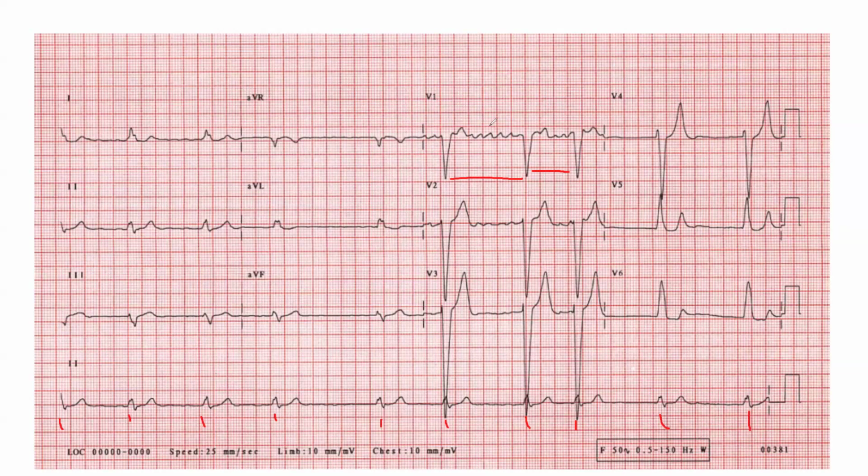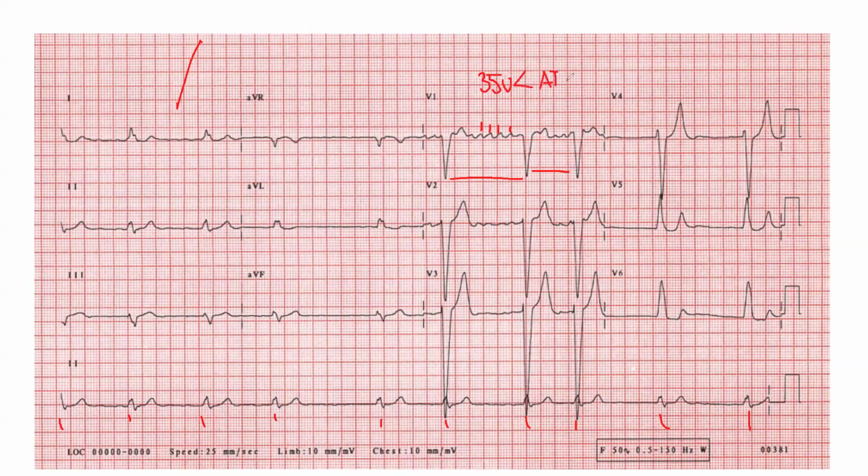Here you do see some waves, but this is very rapid. Atrial flutter? No. Fibrillation? What is the difference between flutter and fibrillation? If the atrial rate is over 350, that means AFib.